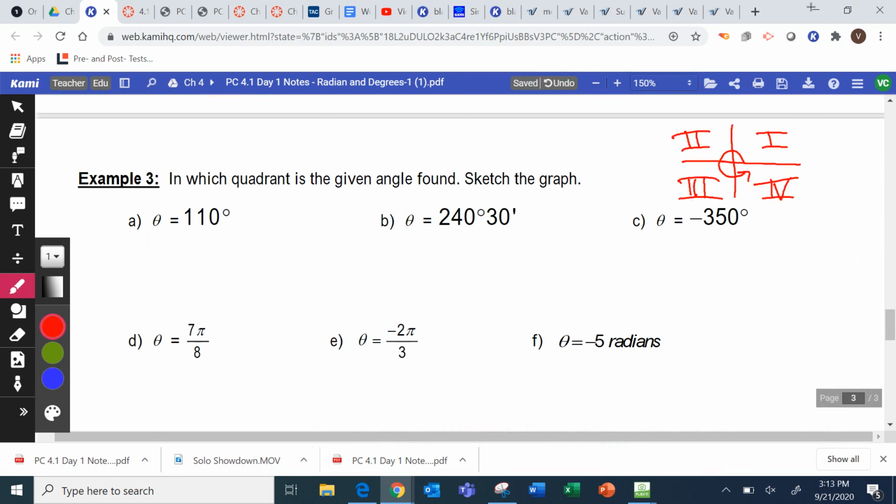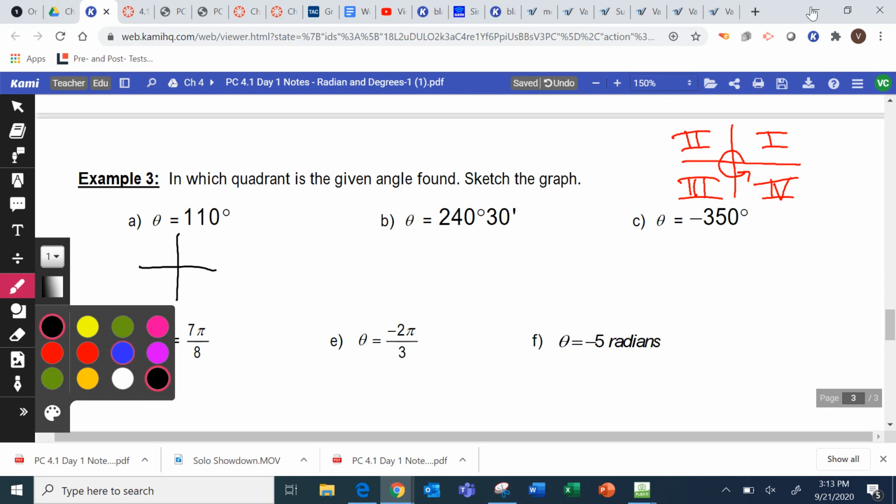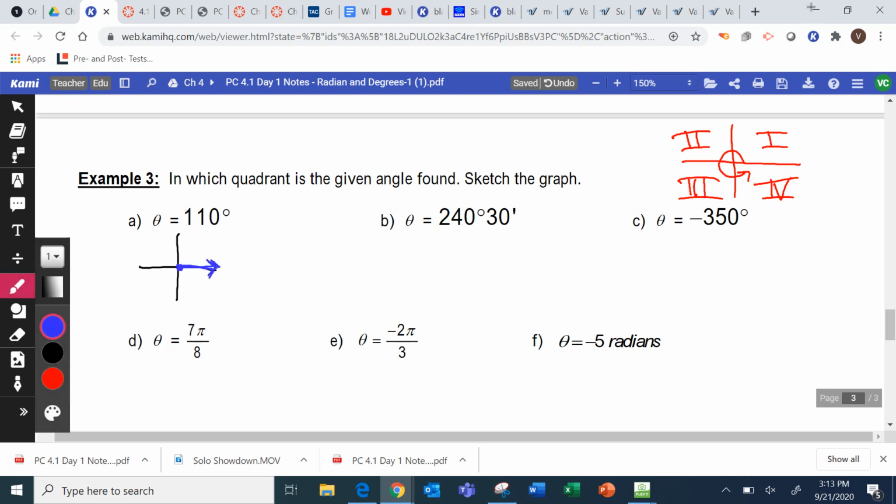Now this is just asking which quadrant the given angle is found in and to sketch it. So I'm going to go through a few of these. We've got 110 degrees, so I'm going to sketch. Here's my initial side. My terminal side is about here. It's bigger than 90. And I've got the rotation arc in there. So I've sketched it, and then what quadrant is it in?